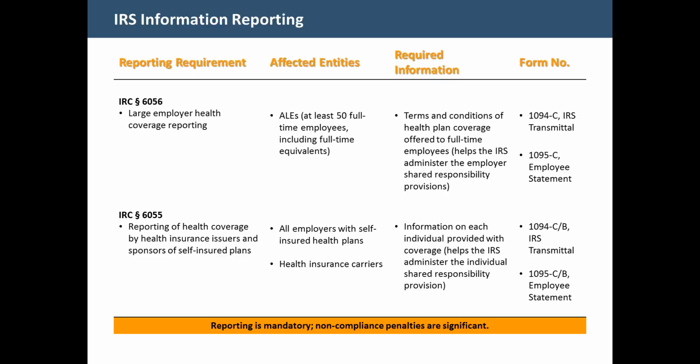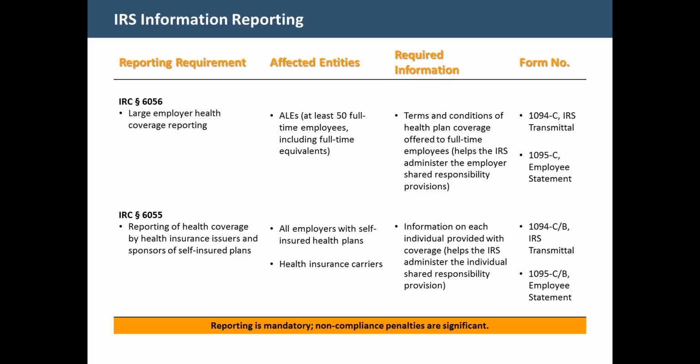And the IRS will use this reporting to administer their employer shared responsibility provisions. The forms that the employer will use to meet that requirement are Form 1094-C, which is an IRS transmittal or cover form, and then the employee statement, which is Form 1095-C. So that's the 6056 requirement.